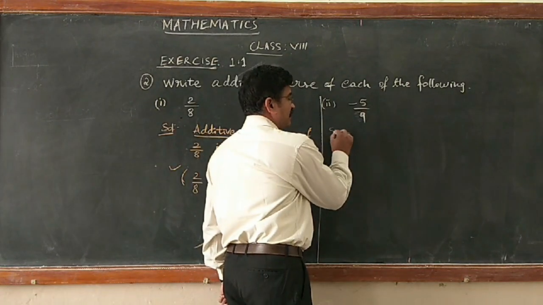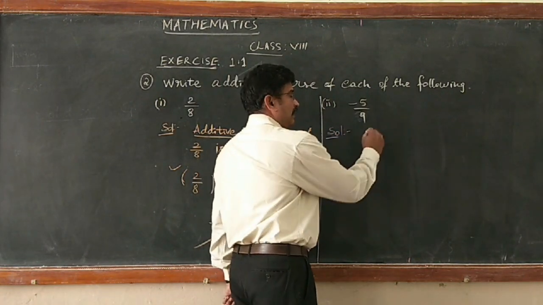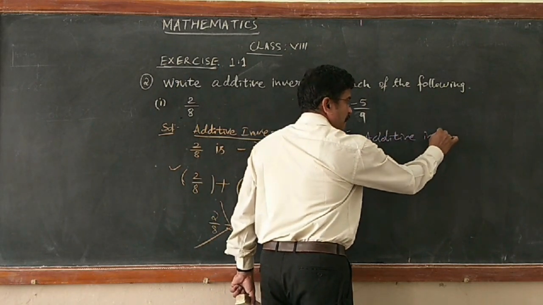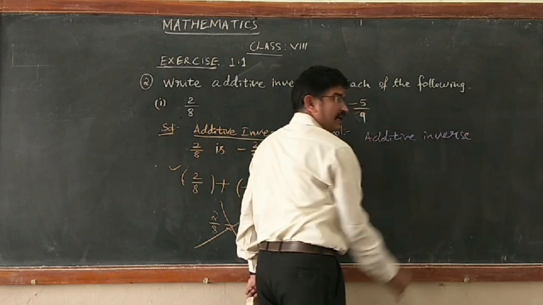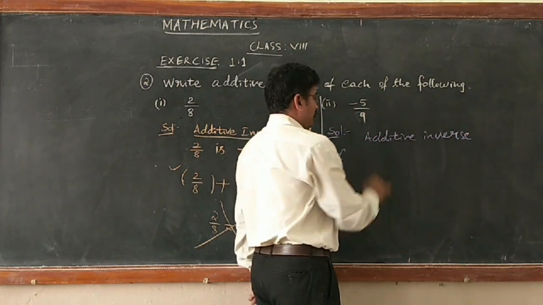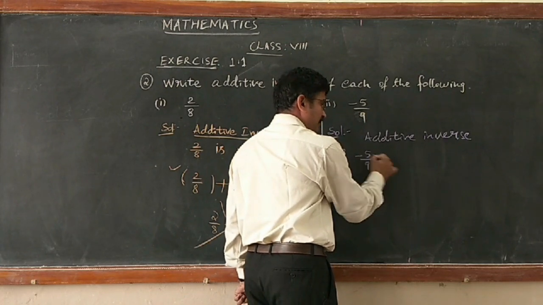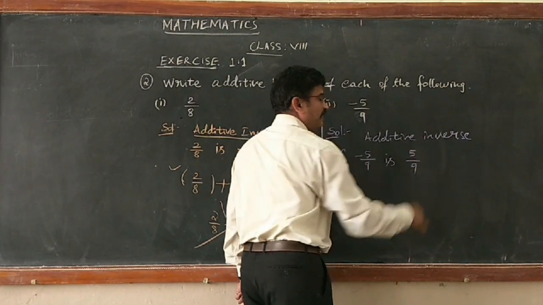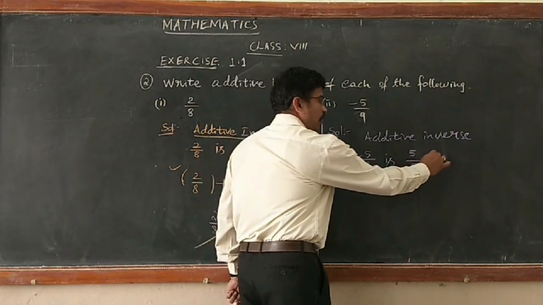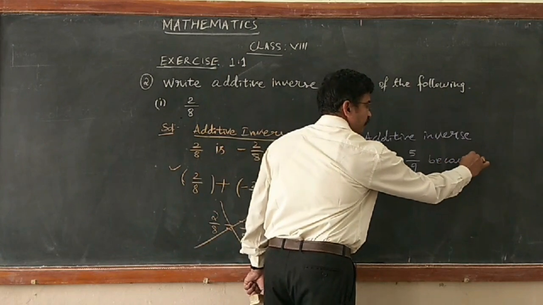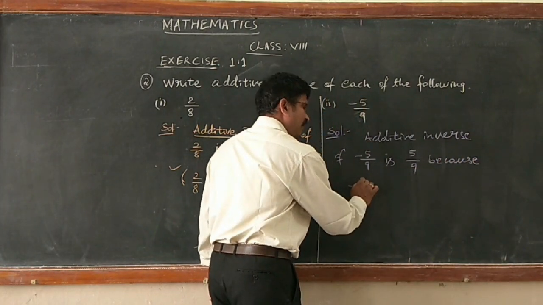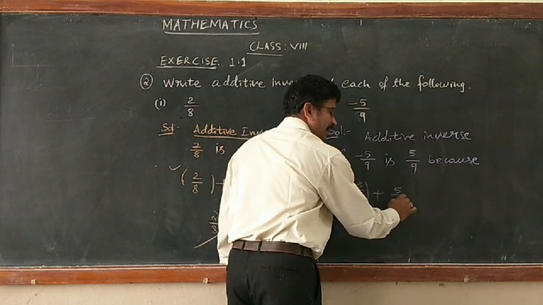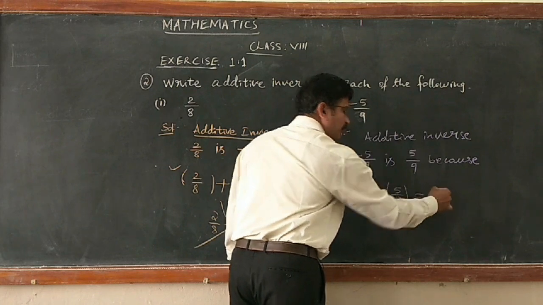Here what we can say, the additive inverse of minus 5 by 9 is, without that minus sign, 5 by 9, because when we add minus 5 by 9 to 5 by 9 it gives 0.